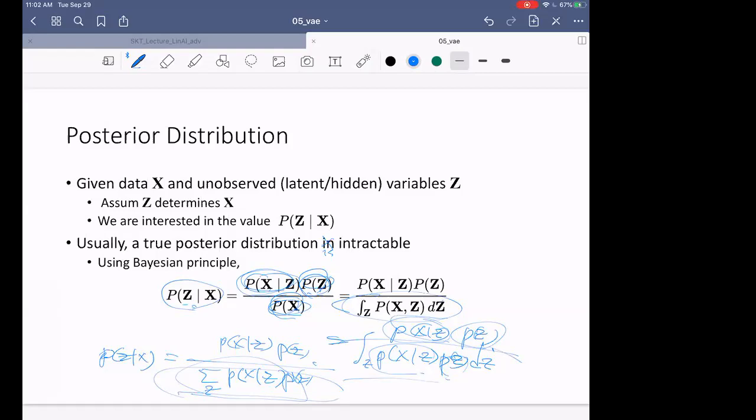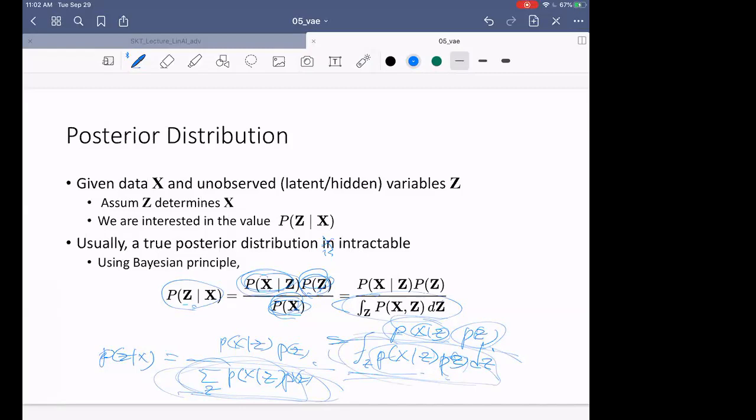So there's no actual way to rigorously do this and get the denominator. And usually there's no analytical solution for solving this integral. So you either go through one by one doing a for loop, or you have to integrate it using some numerical solutions, or maybe you do Monte Carlo sampling. But usually it's not a fun thing to do.